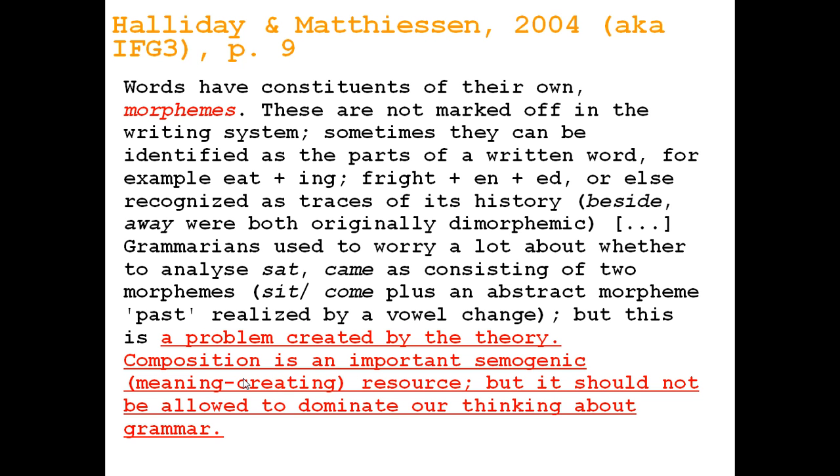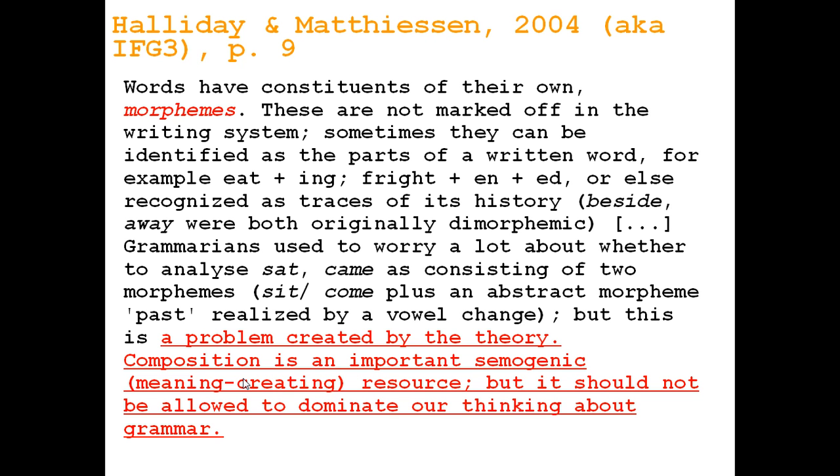Well, the position that Halliday and Matthiessen have is that we should not let these structural problems obscure the analysis of meaning. So they conclude, grammarians used to worry a lot about whether to analyze sat, came, etc. as consisting of two morphemes. But this is a problem created by the theory.